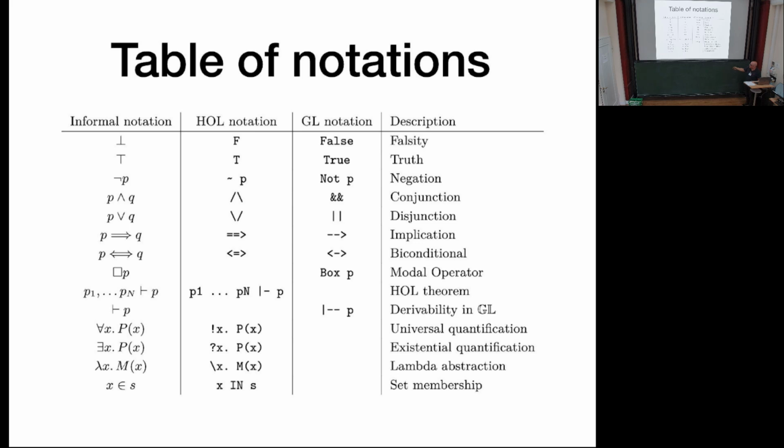The quantifiers are exclamation point and question mark, and this is the lambda notation, and this is the membership notation. And we need special notations also for the GL formulas. So we have false, true, not P, and these symbols which are specific for the internal logic that we are considering. Then we have the box operator, and we have a symbol which is similar to the turnstile of HOL, but with a double dash, to denote provability inside the GL system. Okay?